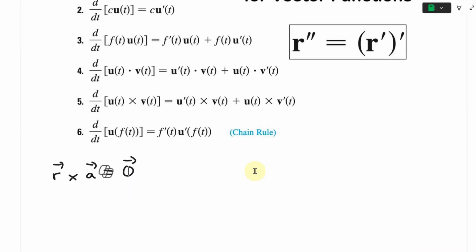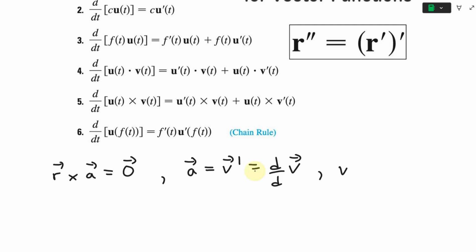We also know that the acceleration is equal to the derivative of the velocity vector, which equals d over dt of the v vector. And we also know that the velocity is equal to the derivative of the position vector, which equals d over dt of the position vector.